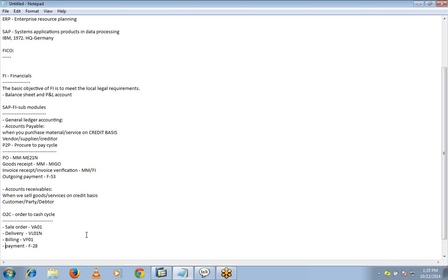In that cash journal, we consider all the cash-related activities. It means that if I purchase some material on cash, I will take that information in the cash journal. If I am selling something on a cash basis, I take that in the cash journal. It won't come under accounts receivable.